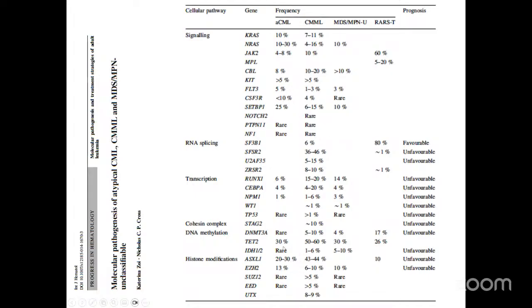But now we've seen that the vast majority of CMMLs actually do have mutations, and they have certain signatures. For example, they typically have RAS-like mutations, they have biallelic TET2 mutations, they have SRSF2 mutations, and all of these help you diagnose CMML at a much earlier time point.